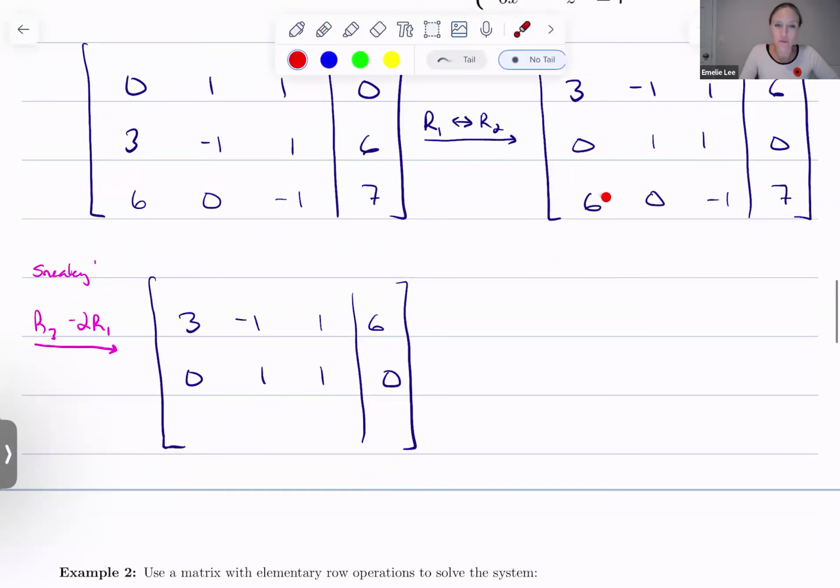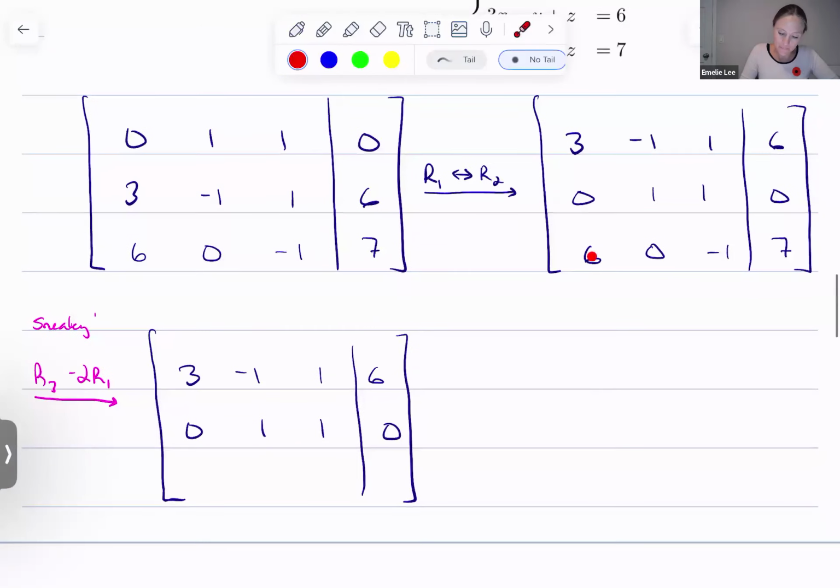And it's only row 3 that's being changed. So row 3 minus 2 times row 1. So 6 minus 2 times 3 does make 0. Oh, maybe I'll use pink. Now I have 0 minus 2 times negative 1.